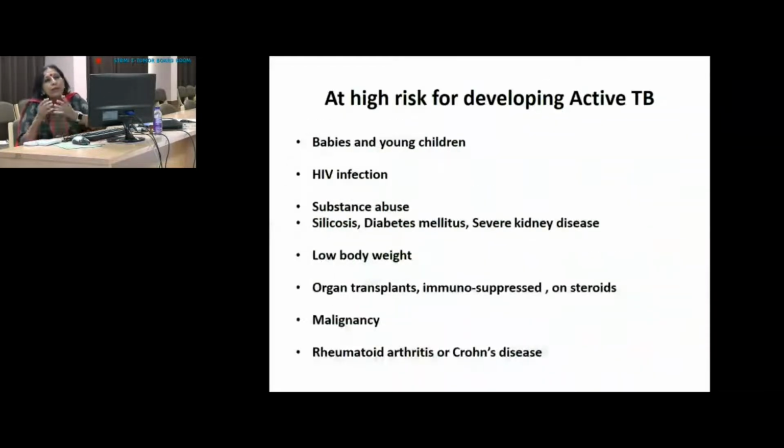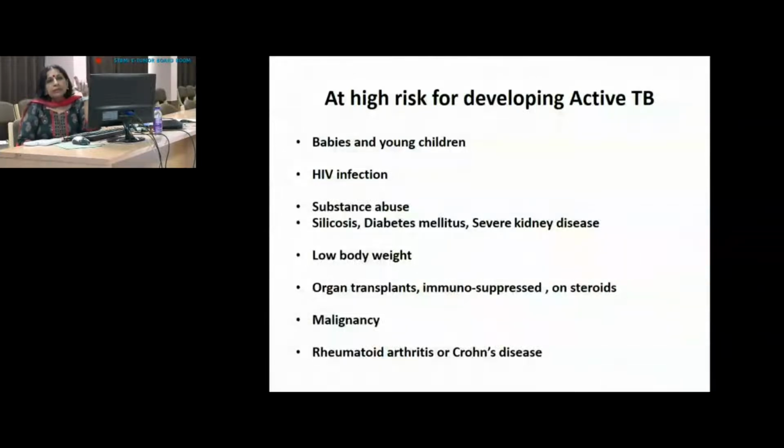So who are the people who are at high risk for developing active TB? First of all, one extreme of age, that is babies and young children. Then anyone who has HIV, somebody who's doing substance abuse, and therefore their immunity has suffered because of that. Anyone who has silicosis, that makes their lungs more vulnerable to being infected with TB if they inhale the bacillus.